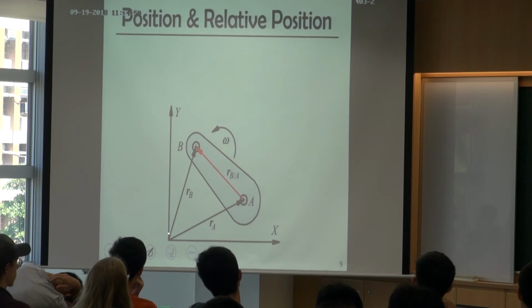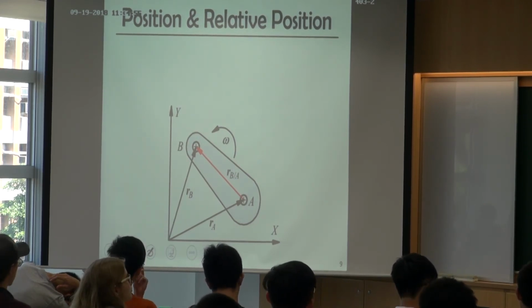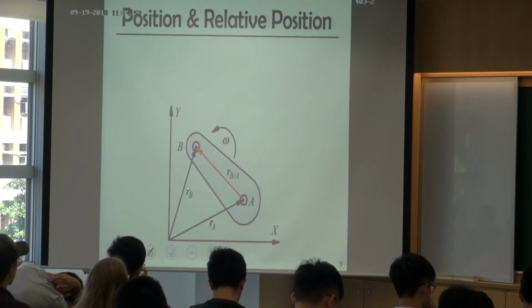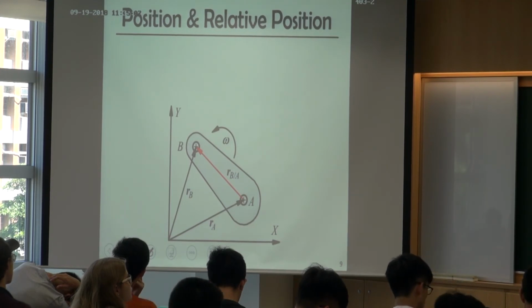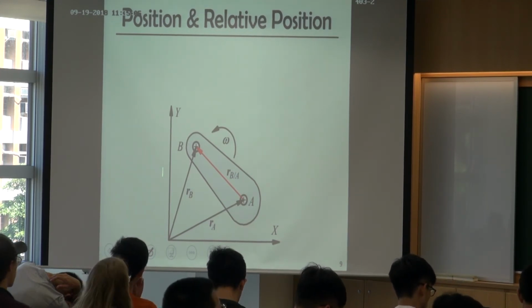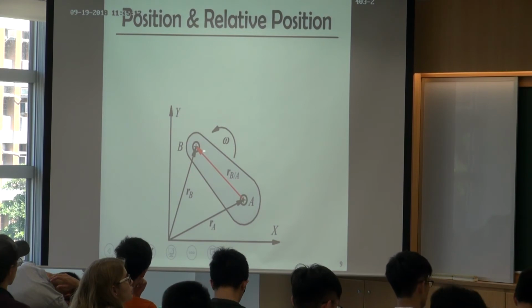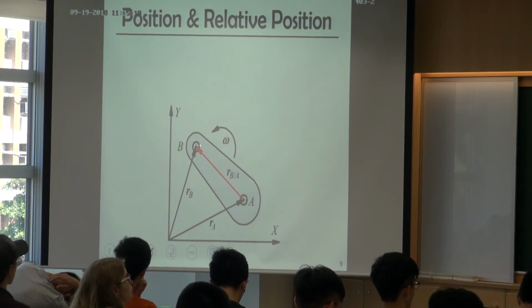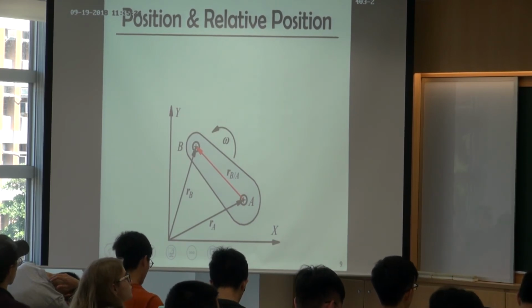And for point B, we can also draw an arrow from the origin to point B, and we call it RB. So this RB represents the position of point B. Because right now we are on this XY coordinate, we call these two, RA and RB, the absolute positions. But we want to define another thing: the relative position of B to A. I don't care about the absolute coordinate.